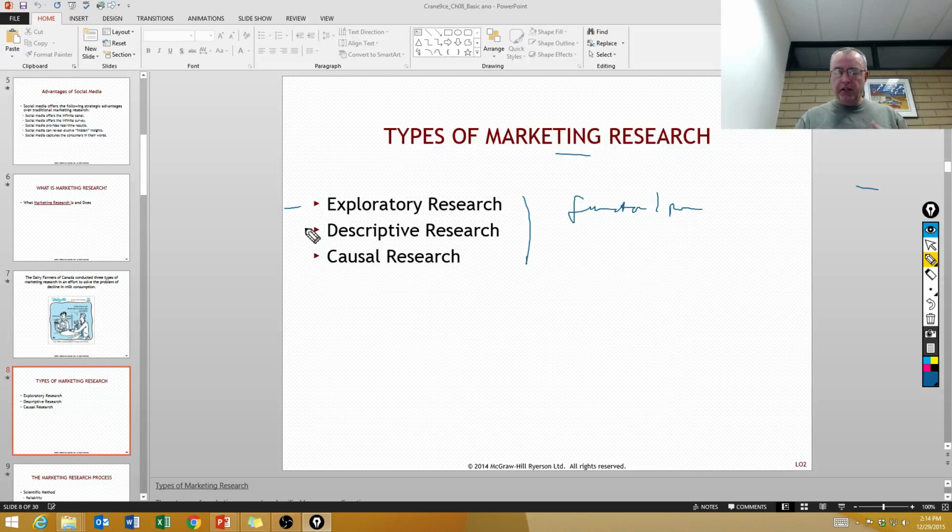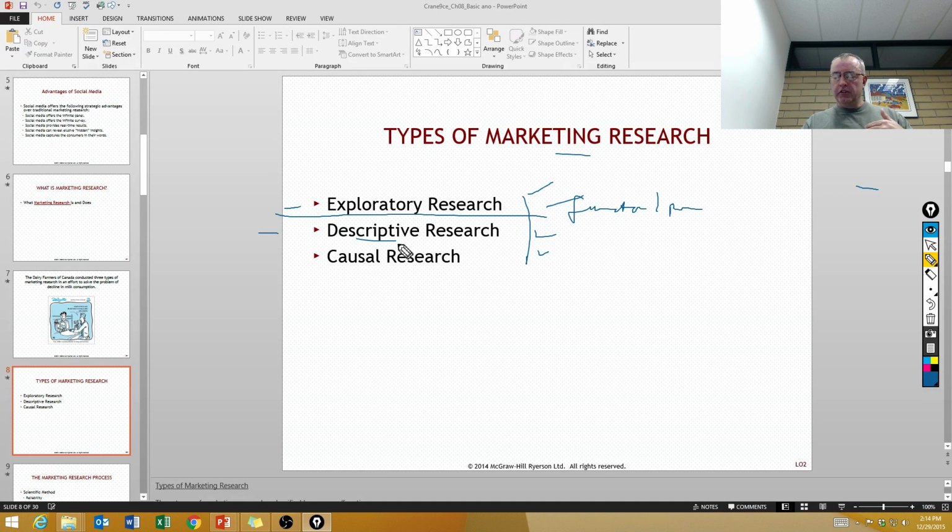So it helps us obtain a better understanding of the problem, and it's undertaken with the expectation that we'll use additional forms of research later on. So an example of exploratory research from the book is the Canadian Dairy Farmer Association conducting research into the causes of declining milk consumption.